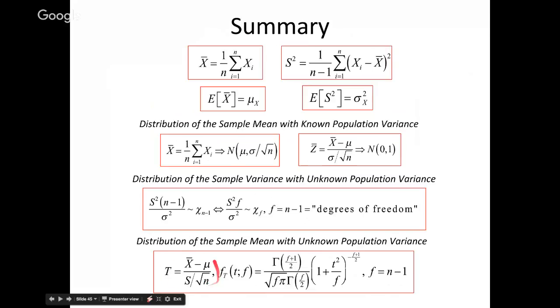This particular statistic is going to be distributed according to the student t distribution, for which the PDF is shown here and depends only on the degrees of freedom f. And I should say also that the chi-square distribution depends only on the degrees of freedom f as well.